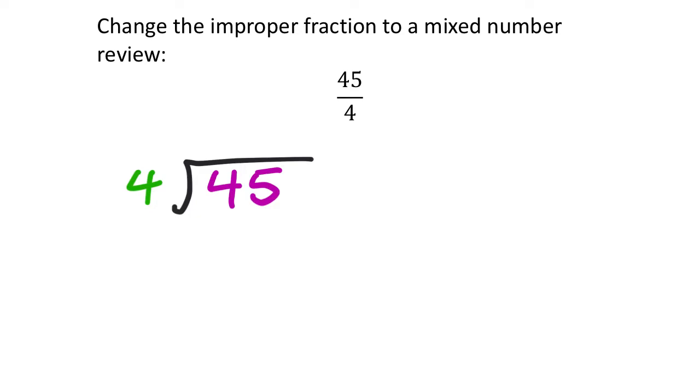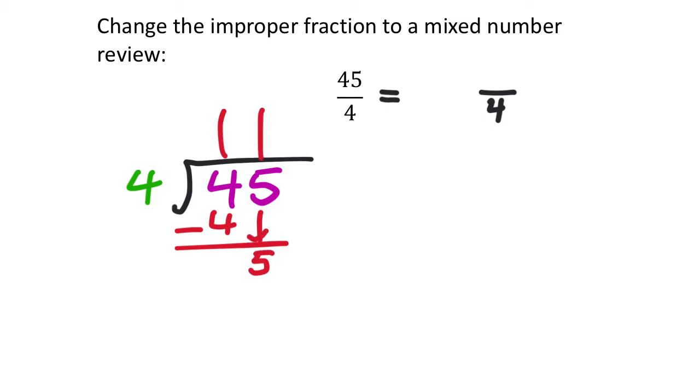And remember that whatever the denominator is, it should stay the denominator for the fractional part of the mixed number. So I'll put the whole value here and then the numerator there. The whole value is the quotient. The numerator is the remainder. So I see in this example, 4 goes into 4 once. 1 times 4 is 4, so that subtracts. Zeros out the 4, and I'll drop the 5.